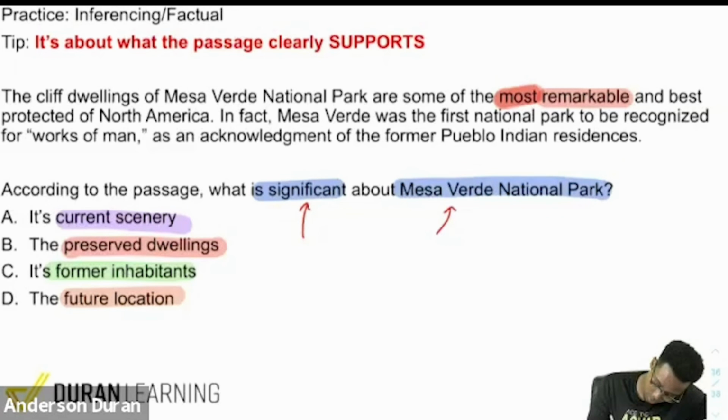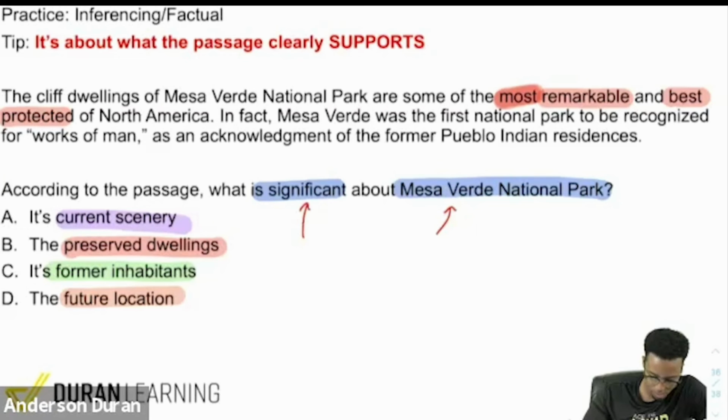Best. All right. So yes, most remarkable, definitely. Some of the most remarkable and best protected of North America, the first national park. So mostly what we're looking for here is what's significant. And it says most remarkable and best protected of North America.